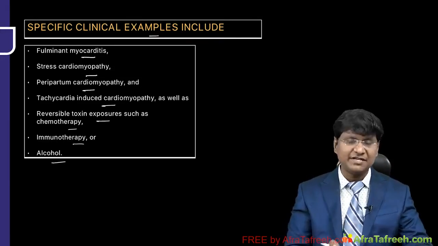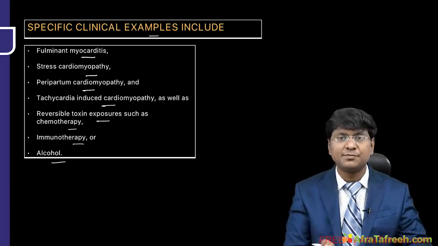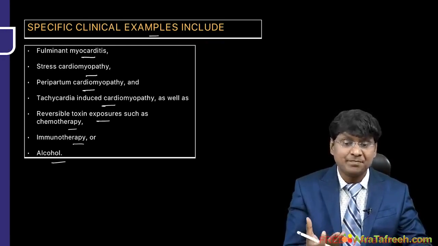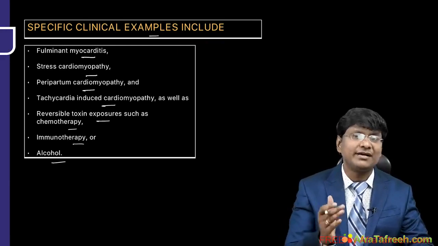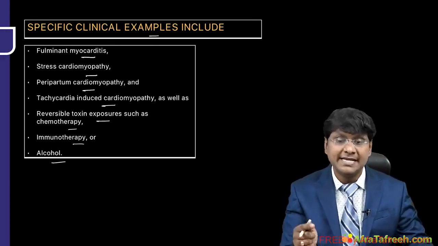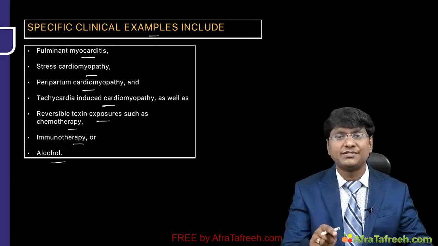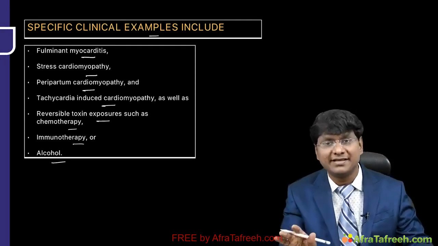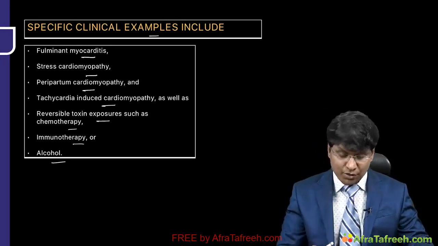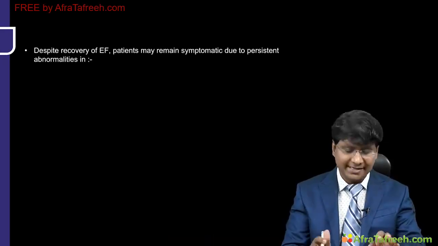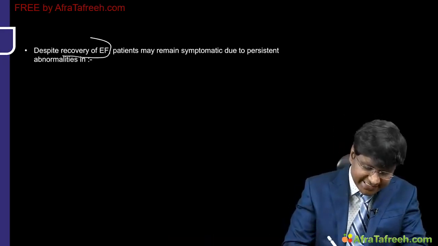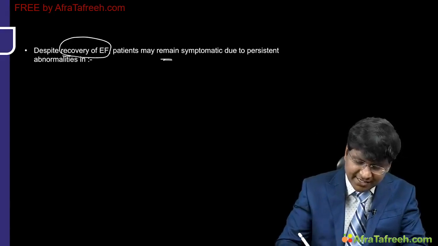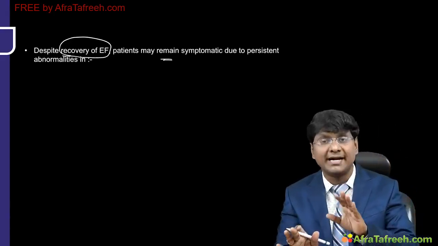So these are the specific examples where we can see the rapid or gradual recovery of the ejection fraction in patients with heart failure with reduced ejection fraction when you treat them with guideline directed medical therapy, right?